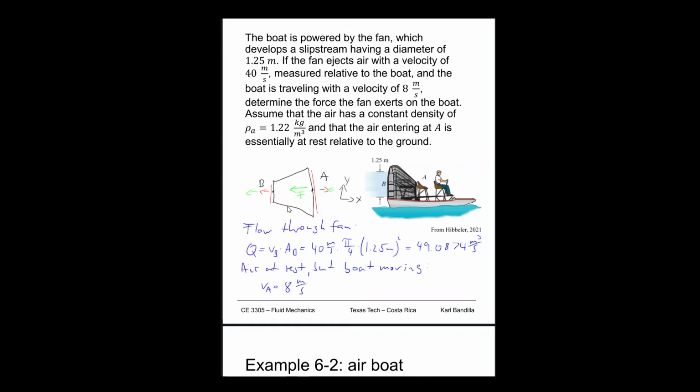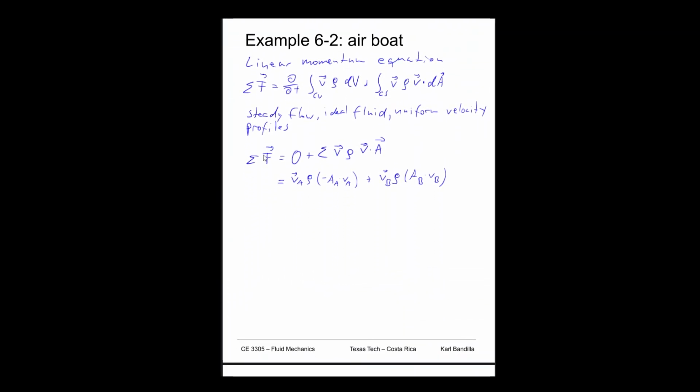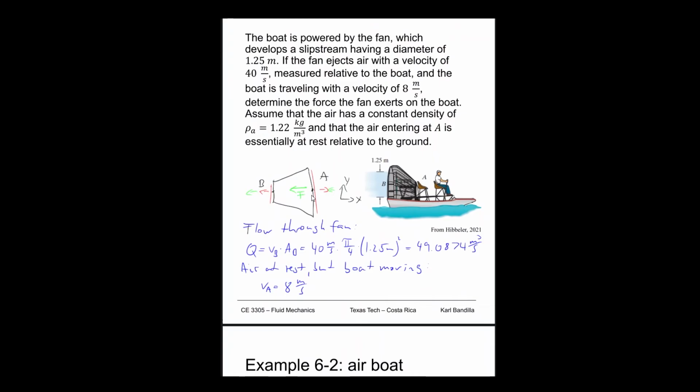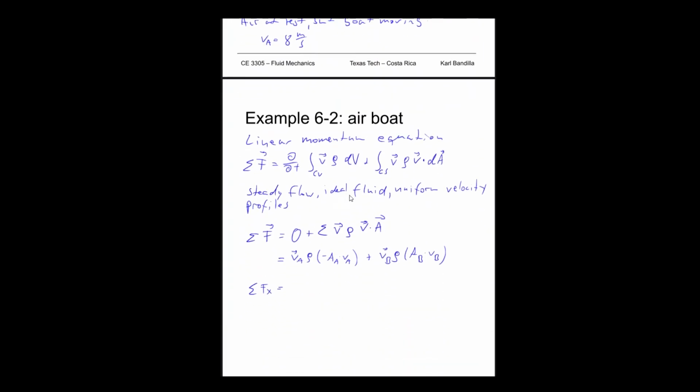So we can now take our vector equation and write that in just the x direction. So we'd have the sum of forces in the x direction is equal to, now if we look at the velocity at A, the velocity at A is going opposite of our x coordinate, so that would be negative.